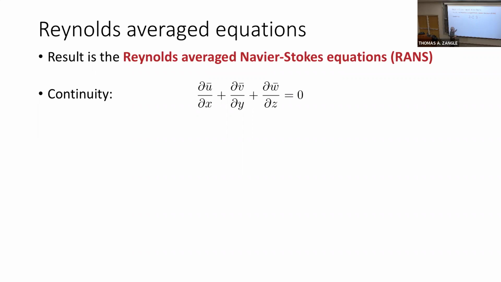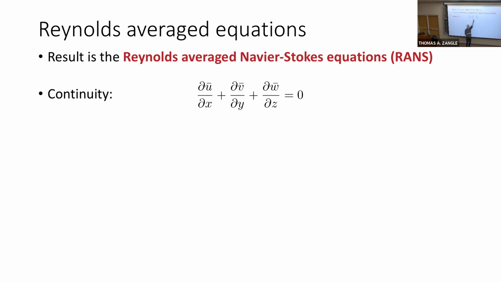This looks exactly like continuity for the full velocity, we just replaced all the velocity terms by the time average. So all the fluctuating terms, the u primes, v primes, and w primes, dropped out. This is our goal: to write a set of equations that only have these time average quantities.